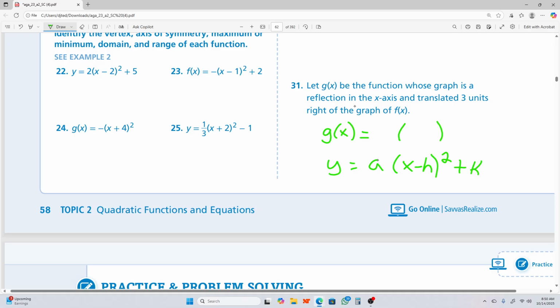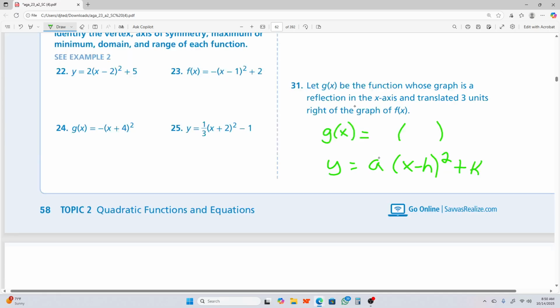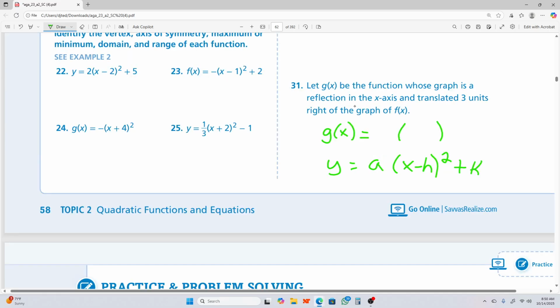It also tells me if it skinnies up, that's a vertical stretch, or if it gets short and fat, that's a vertical compression. So x something squared, a reflection in the x-axis. So I want you to look in your notebook where we wrote about transformations. What does a reflection in the x-axis look like?